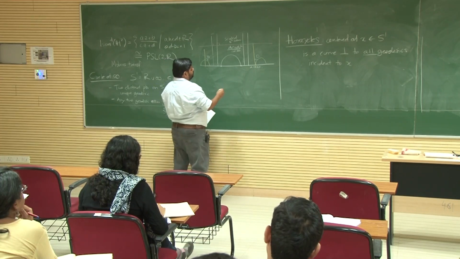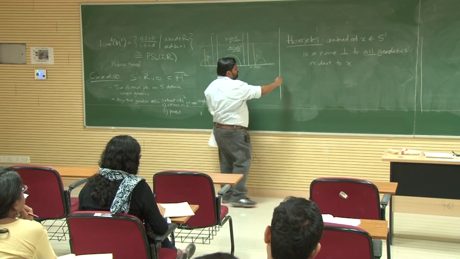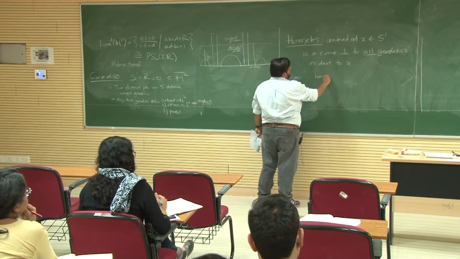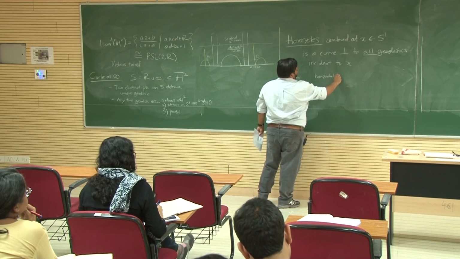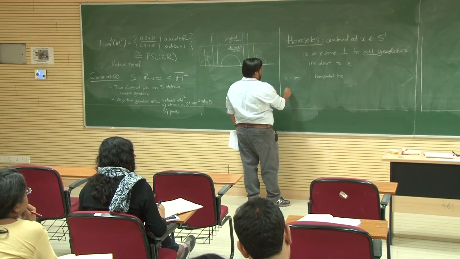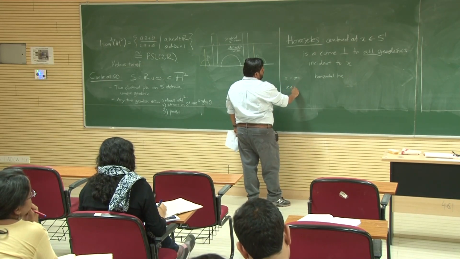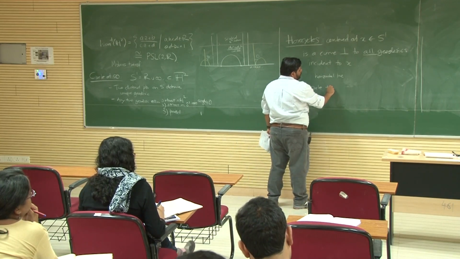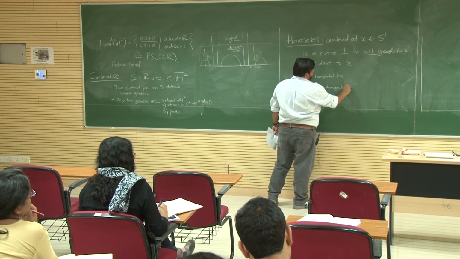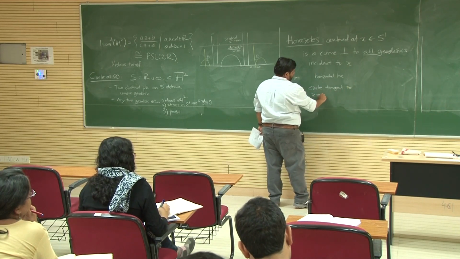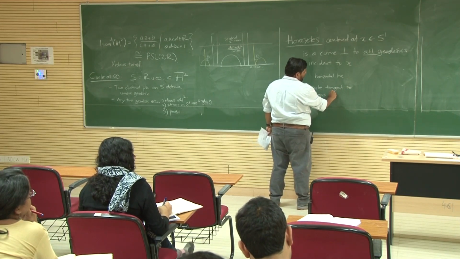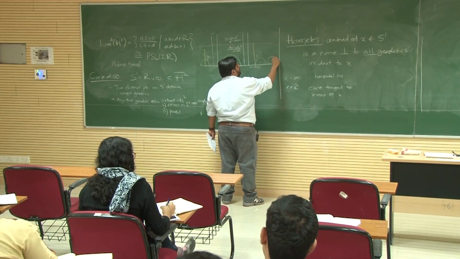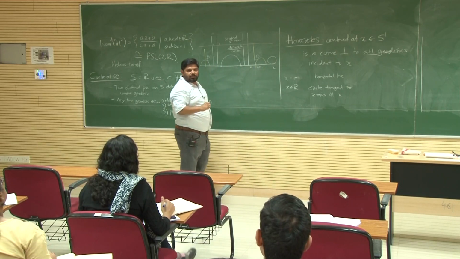Suppose, as I said, x is infinity, this is a horizontal line, and if x belongs to R, then this is a circle which is tangent to the x axis at this point x. So for example, if you have x here, this is a horocycle centered at x.